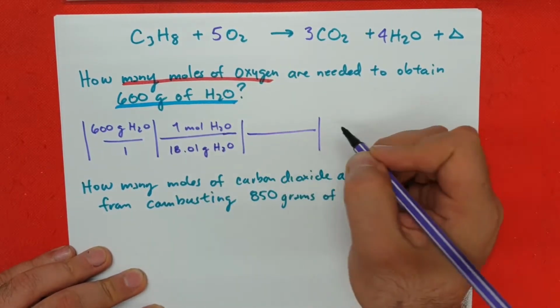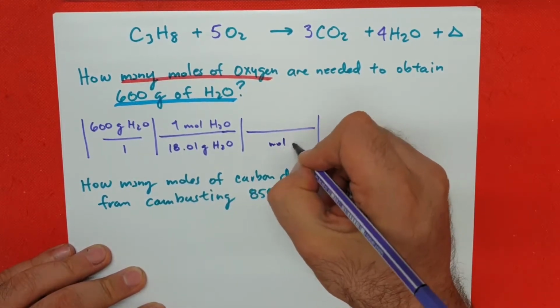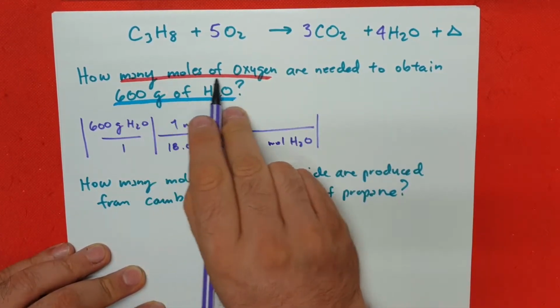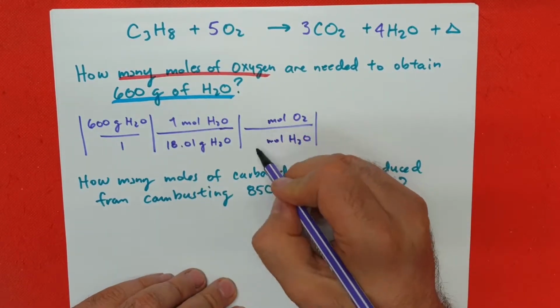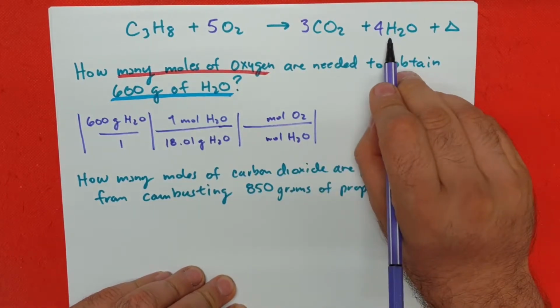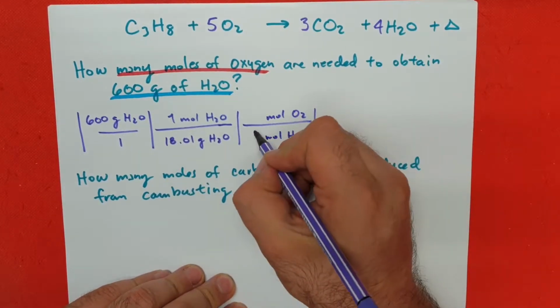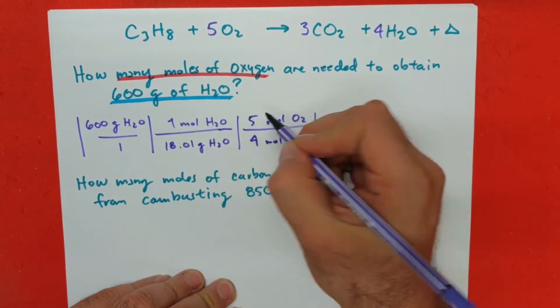And my last factor is the molar ratio, where we have moles of water, and we want to convert to moles of oxygen. Once again, where do we get these numbers from that are missing? We get them from the balanced chemical equation. In this case, water is accompanied by a 4 coefficient, so we write it down right here. Oxygen is accompanied by a 5 coefficient, which we write over here.